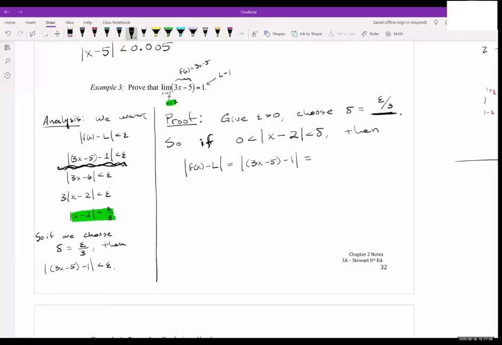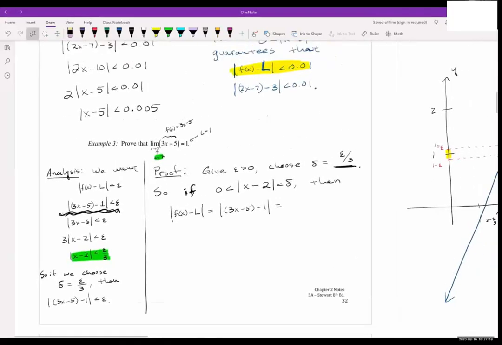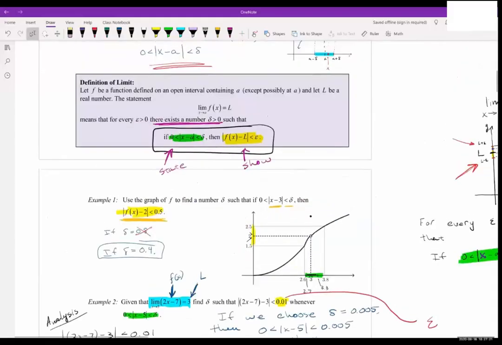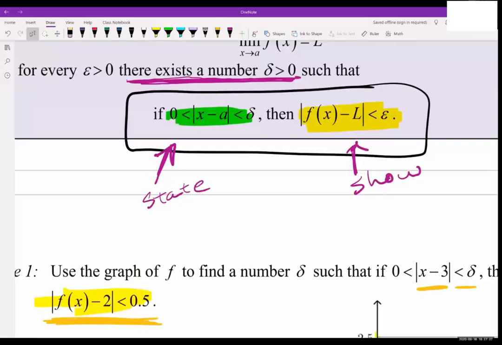If the distance between our x value and 2 is less than delta, so we're delta close to the number 2, and if you look at that, that is this statement up here in green, right? That's that statement up there in green. That is the statement that basically says the distance between x and a is less than delta. So I have the if part, I have to show the yellow part. And so that's what we're doing.